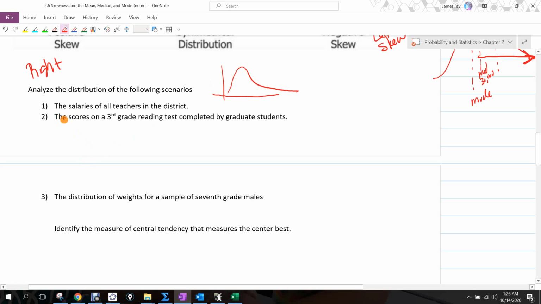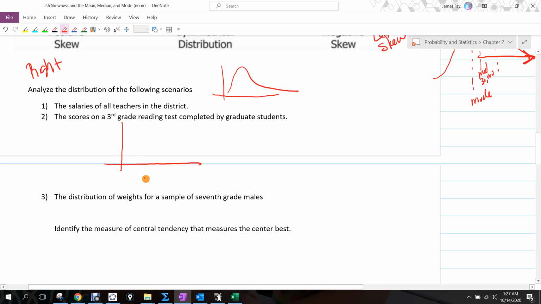Same idea happens in something like this. It says the scores on a third grade reading test completed by graduate students. Are you going to have very many people performing at a low level?